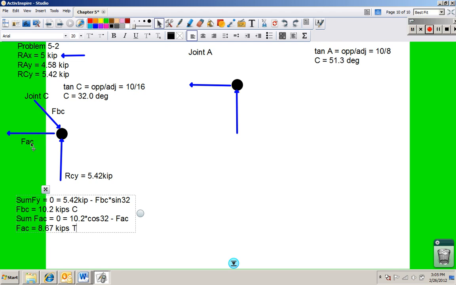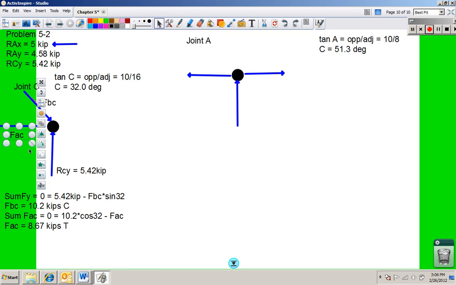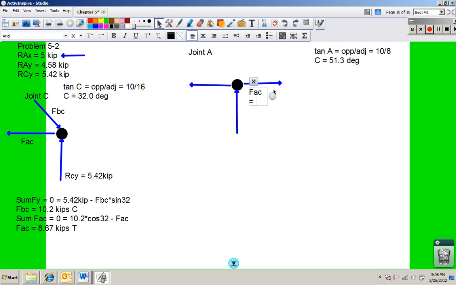We know FAC acts on joint A as well, and it's in tension, so we have to draw it in tension again. Remember that tension would be with the arrowhead pointing away. This is FAC, and we know that equals 8.67.